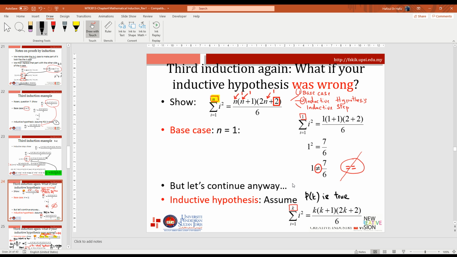What if the inductive hypothesis was wrong? Okay, first the base case is wrong because the one side is not equivalent to the other side. Left and right are not the same. Second is the inductive hypothesis, but let's continue anyway. Assume P(k) is true. We replace n equivalent to k, and then n equivalent to k plus 1.